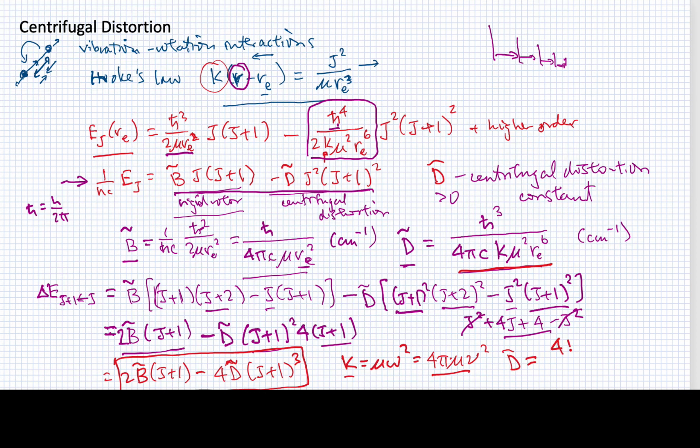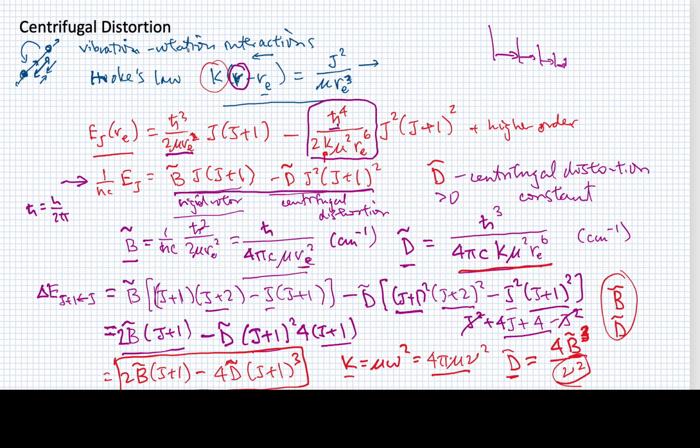We can write that as 4B cubed divided by this harmonic frequency squared. So what this means is that if we use the spectrum to find values for B, we can find a value for D, and once we have both of these values, look at this. We've got D and B here. Oh, and that should be a cubed. I apologize. 4B cubed. What's left to find is this.